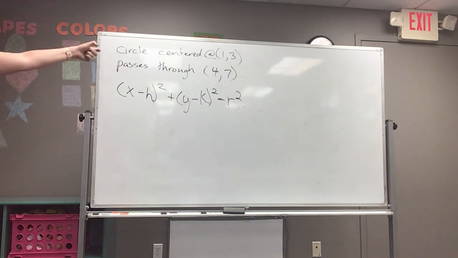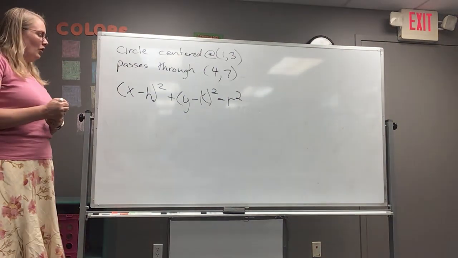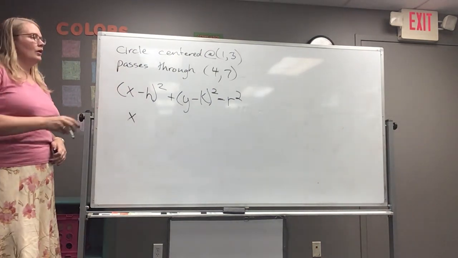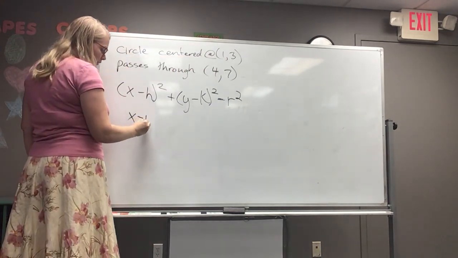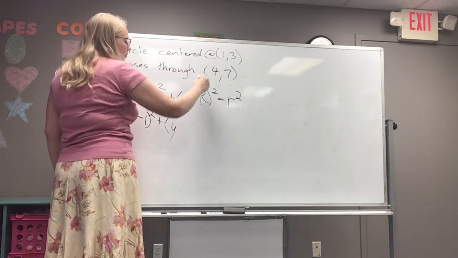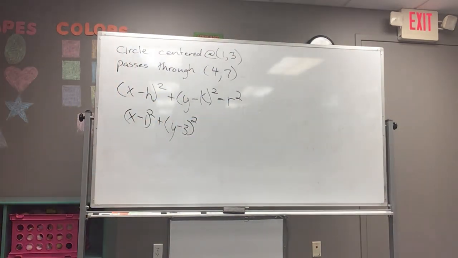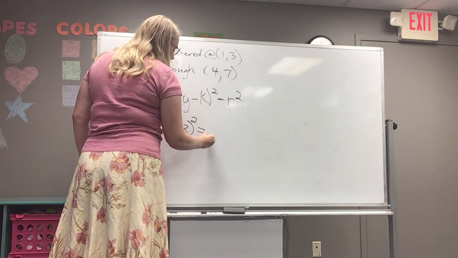First one, they gave to us. Where is the center of the circle? So, looking at the x coordinate, this would be x minus 1, y minus 3. Remember, if it had been a negative number, you end up with the minus minus and it turns into plus. Be confident with that situation. But the other piece we need to know is, what is the radius of this circle?